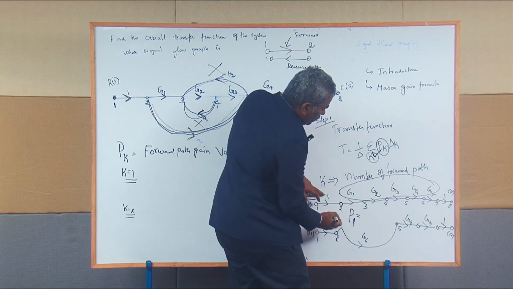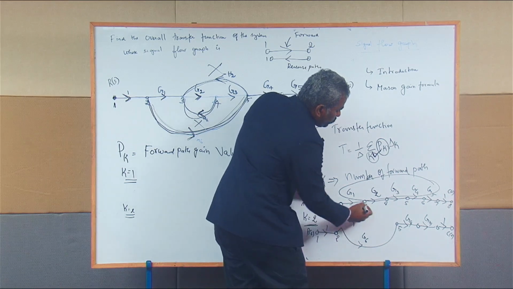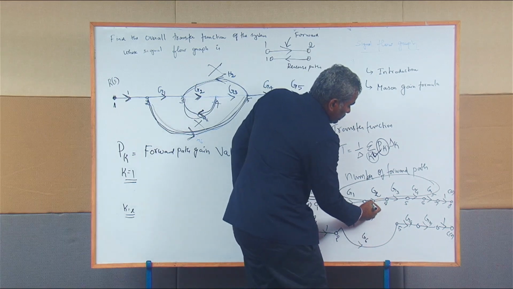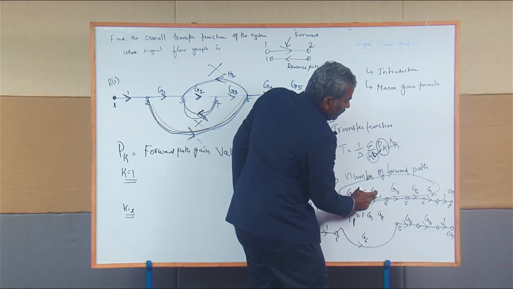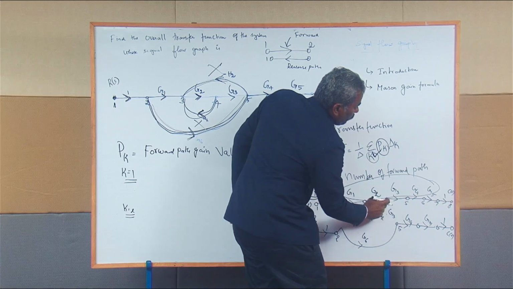So starting from 1 to 2, you may find 1. Multiplied by 2 to 3, you may find the gain value as g1. Next 3 to 4, the gain value is g2. This figure you may be able to view. Next gain value g3 from 4 to 5.